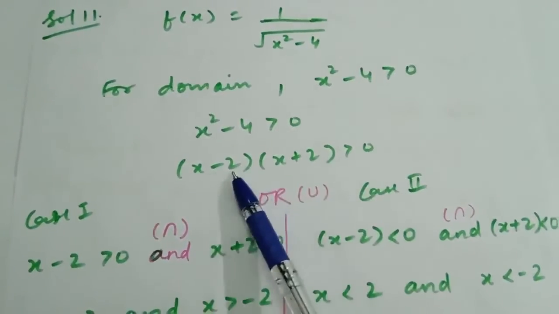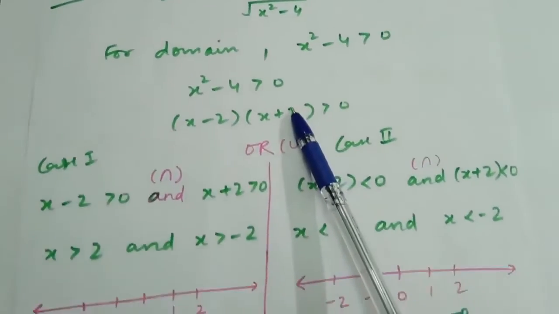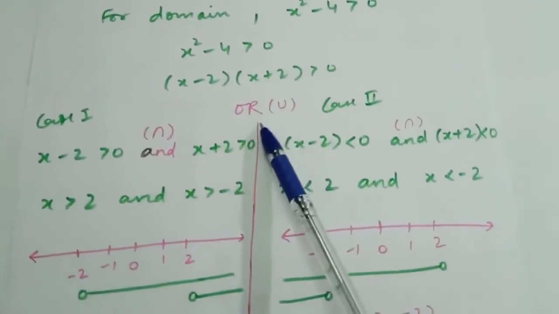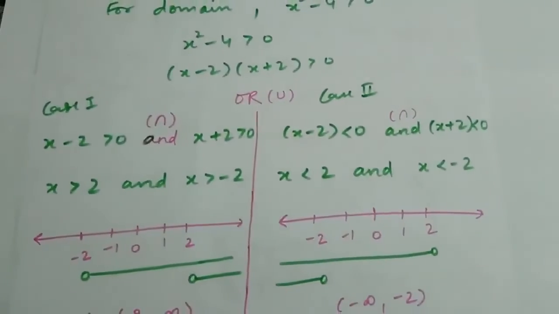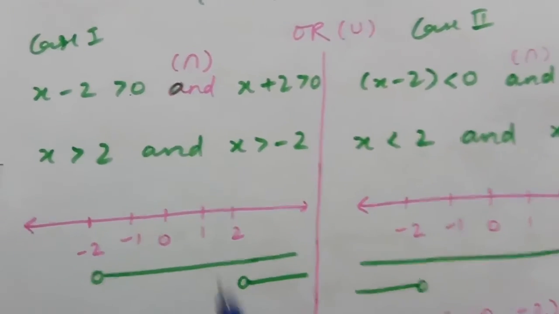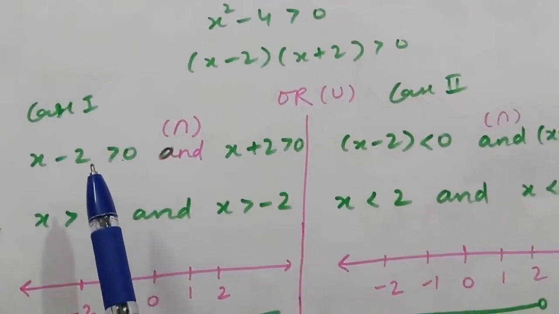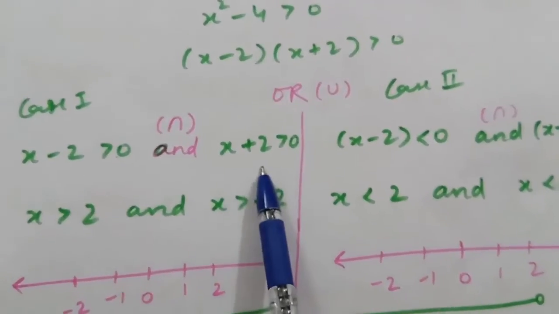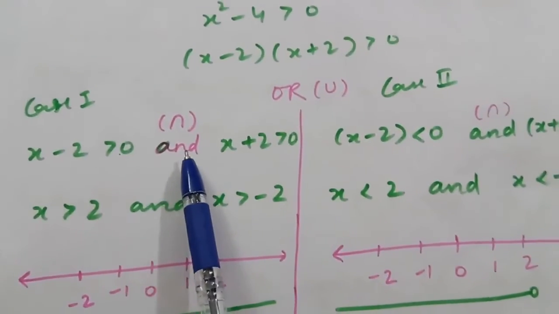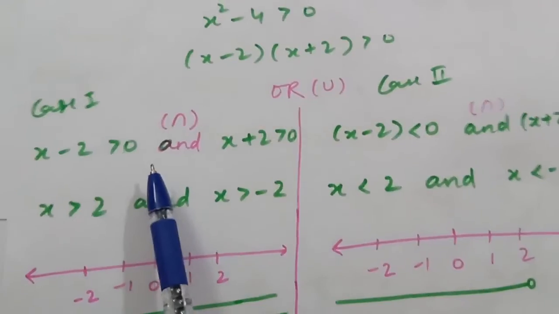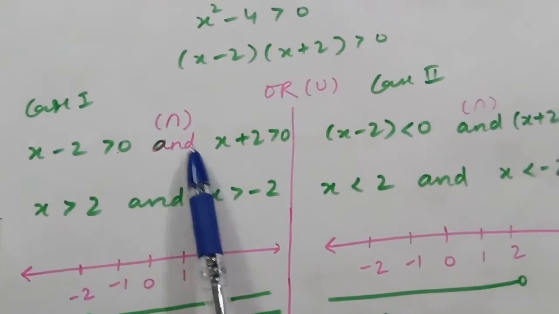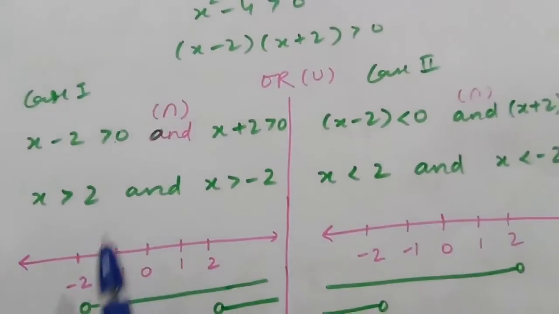Either both of them are greater than 0, or second case is both of them are less than 0. So case first is when we are taking both the terms greater than 0, right? We have written AND here because both the terms greater than 0 are the necessary condition. So here AND means intersection.